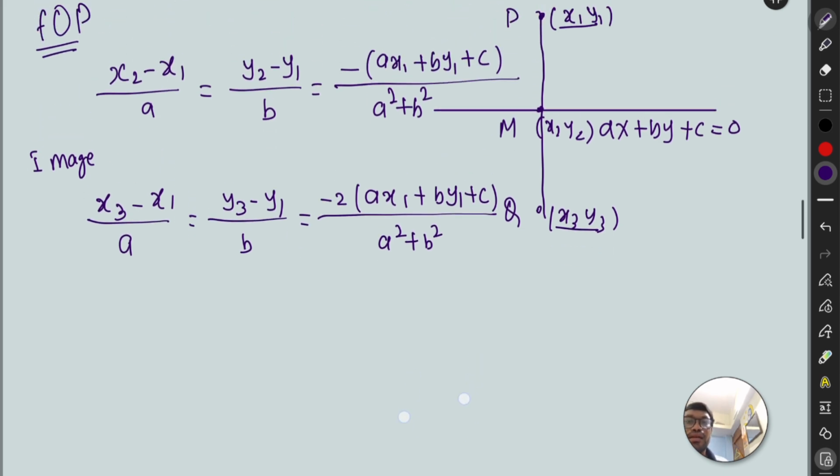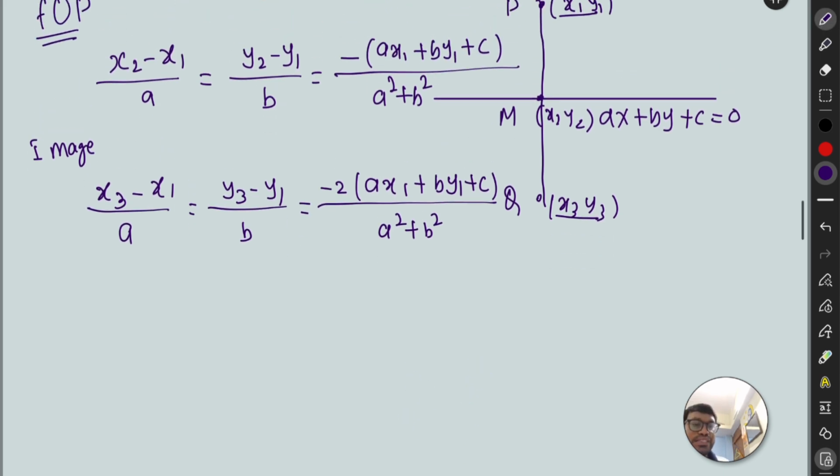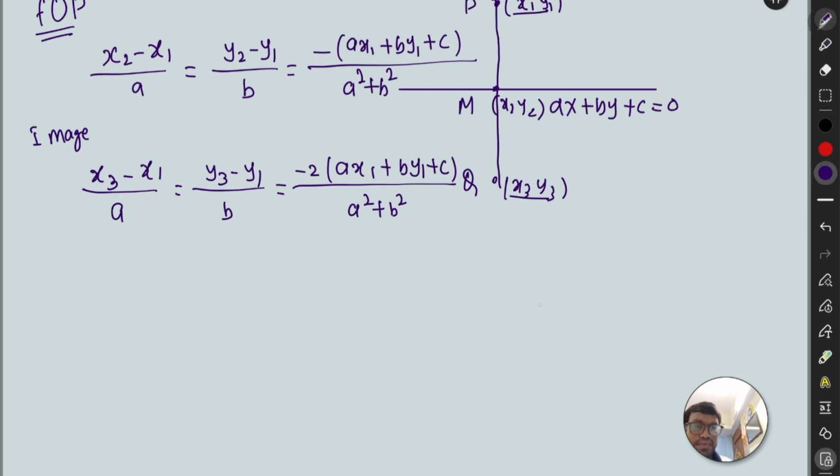Okay? In the similar way, if we see to find the point in the plane, let's use the red color. This is a plane.